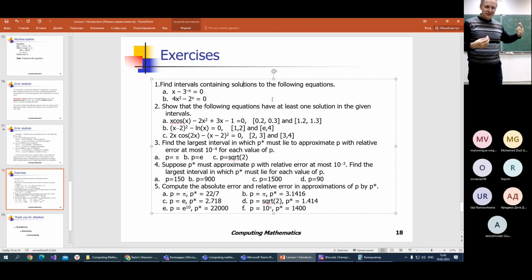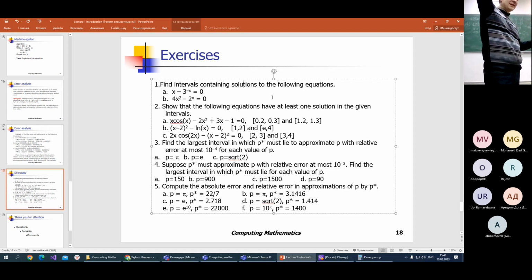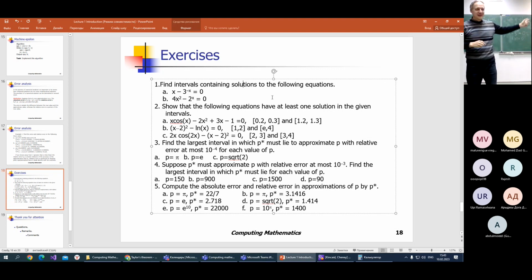If the function has different signs at the endpoints of the interval, and the function is continuous without jumps, it cannot jump through 0. It should intersect 0, and this point will be the root of the equation.